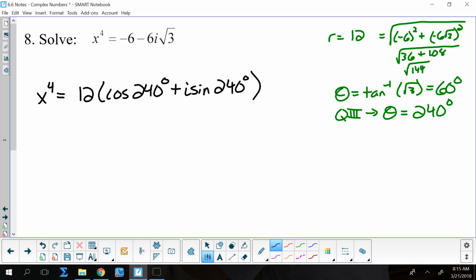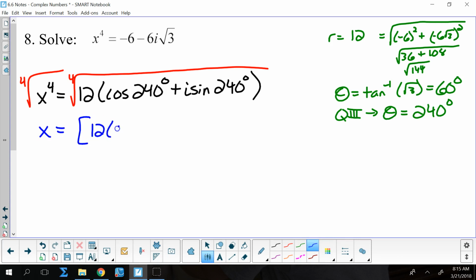Yes? But now I have to solve for x, right? So I'm going to take the 4th root of both sides. That gives me x equals 12 times the cosine of 240 degrees plus i times the sine of 240 degrees, to the 1/4 power.